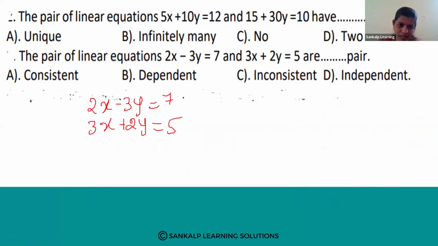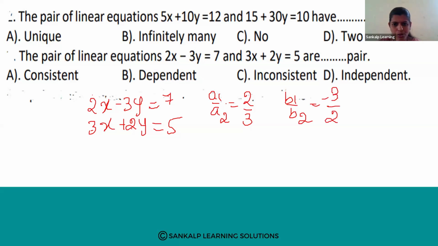So this is a1, a2, b1, b2. This is c1, c2. So check a1 divided by a2. a1 is 2, a2 is 3. b1 divided by b2, minus 3 divided by 2. So no need to check c1 divided by c2. Why? Because here a1 divided by a2 is not equal to b1 divided by b2.